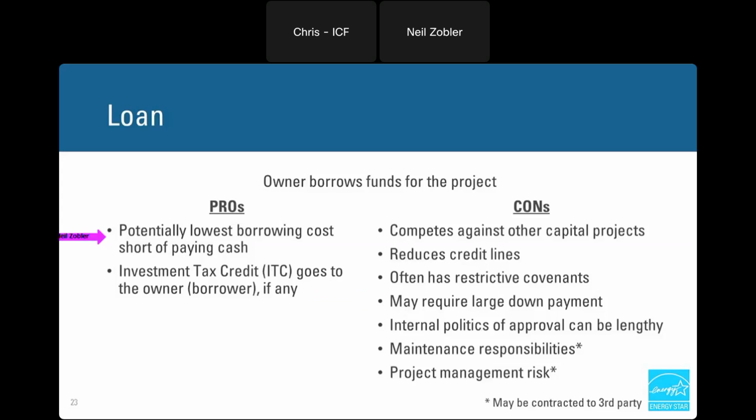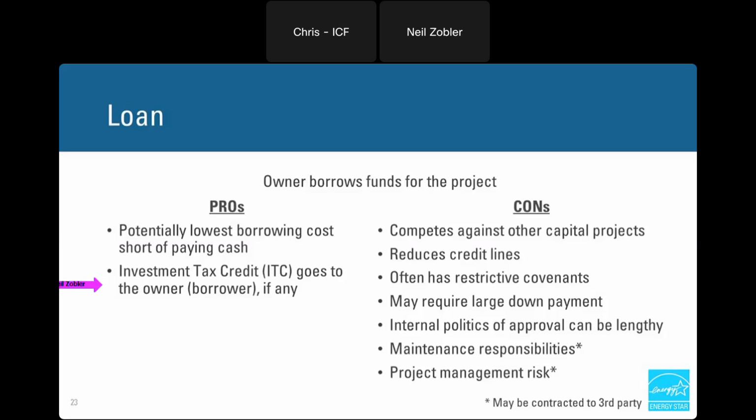And the reason why potential lower borrowing cost is if you're dealing with the bank, for example, they can tend to file a blanket lien on assets of your organization. So the loan itself is supported by the entire creditworthiness of the organization rather than focusing only on the asset that's being financed. That's an important distinction here.